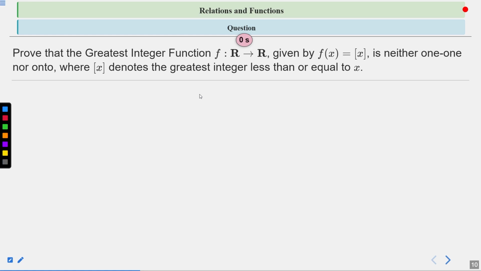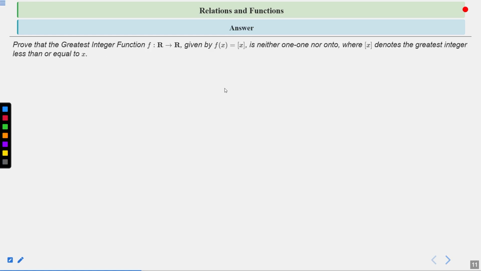The time is up. So in the question, given function, we have to show that it is neither 1-1 nor onto. Solution. Function defined from R to R as f(x) is equal to box x, and this box x represents the greatest integer less than or equal to x.